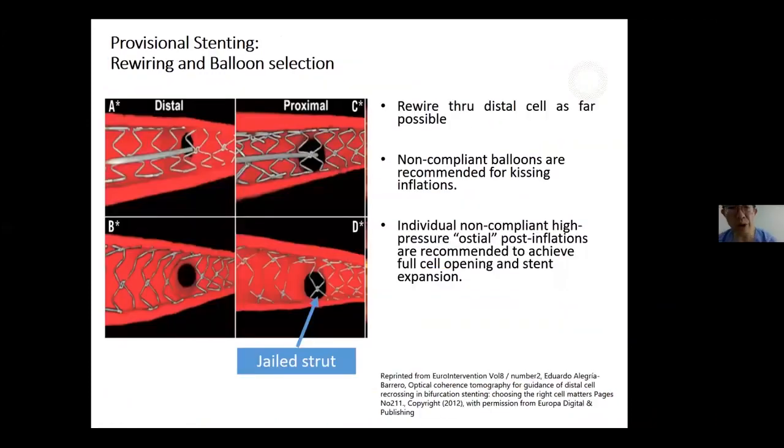So this is an OCT or OFDI image. If the guide wire recrosses at the distal side, after KBI there is good balloon opening and no jailed strut. However, if the guide wire recrosses the proximal side, then after KBI a jailed strut is here. It's very clear in the image.